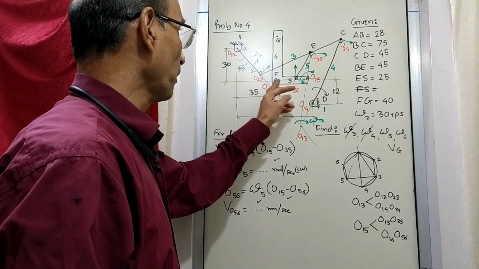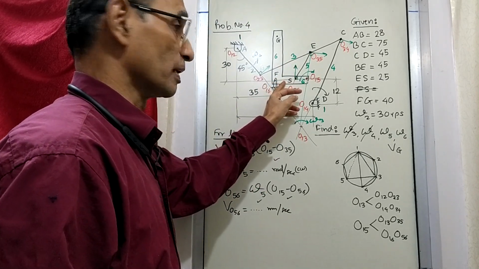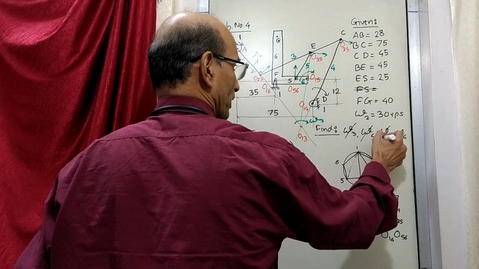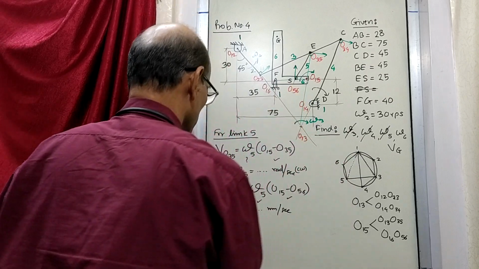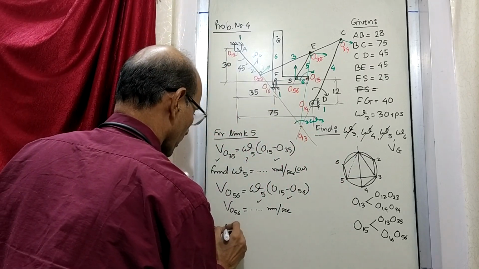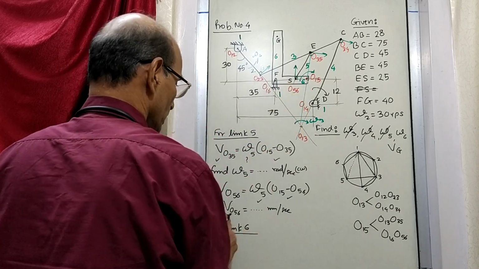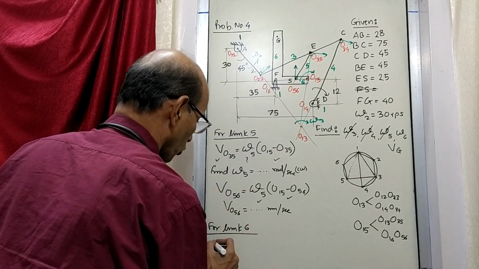Now 5 6 is a part on link number 6. 5 also and 6 also. By the way, we have found out omega 5. So now let's go to link 6. For link number 6, what do we write? Any point on link number 6, O 5 6.